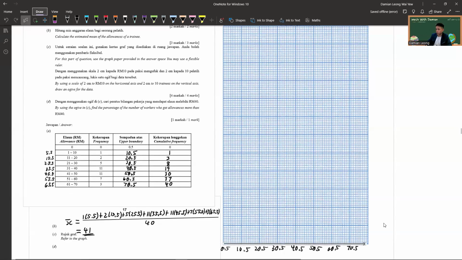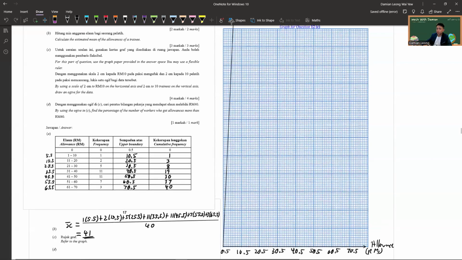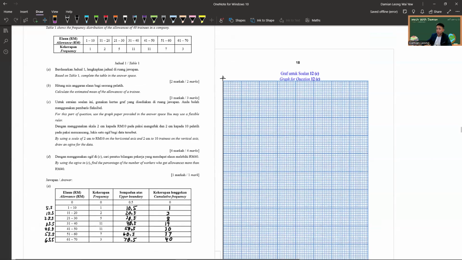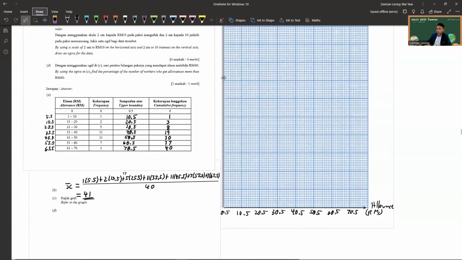Okay, for the allowance in ringgit. And then vertical axis is the cumulative frequency. They say 2 cm to 10 ringgit.